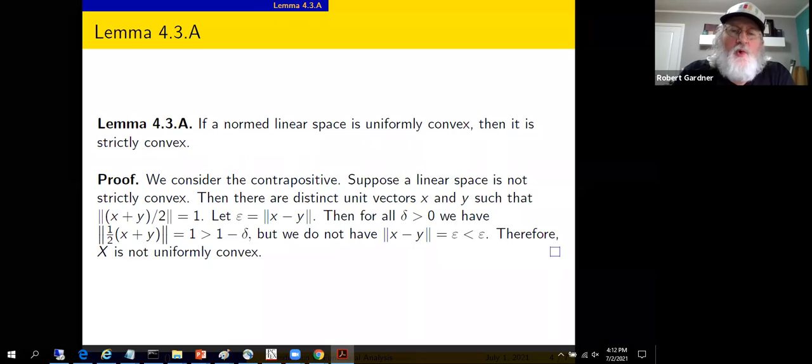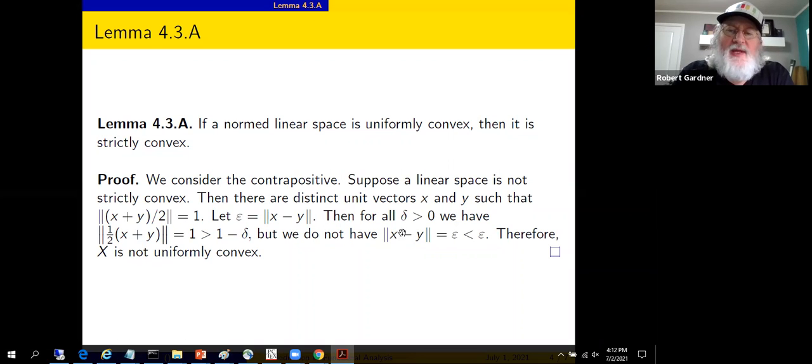So for this value of epsilon, there is no delta such that the norm of 1/2 (x plus y) greater than 1 minus delta implies the norm of x minus y is strictly less than epsilon. So we violated the definition of uniformly convex. So if we don't have strictly convex, then we do not have uniformly convex.